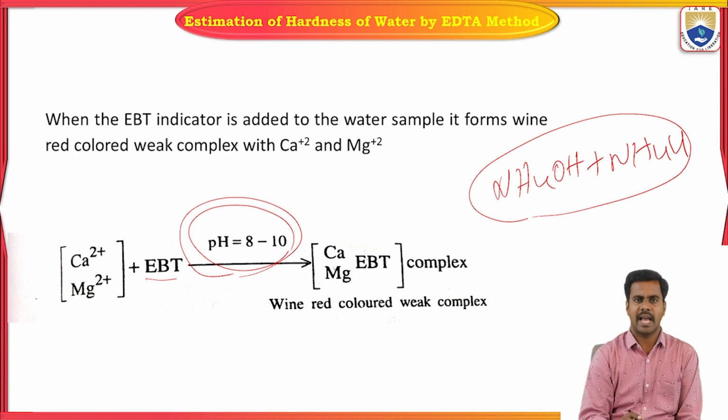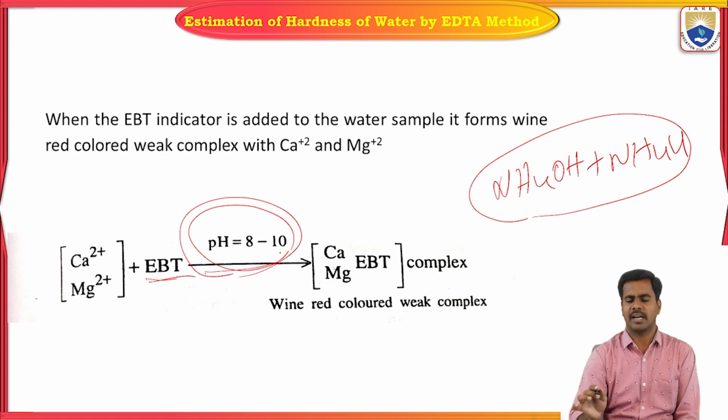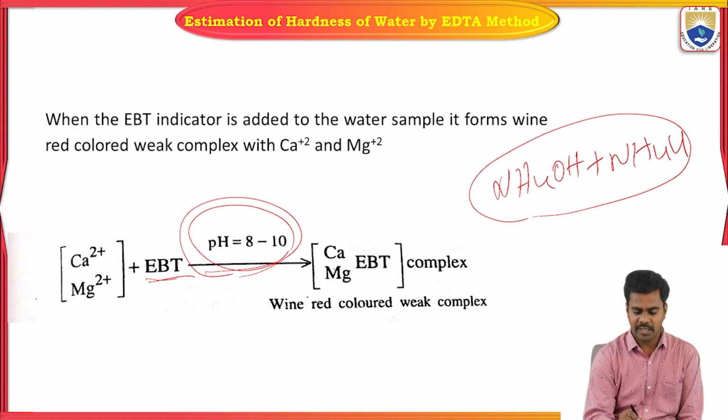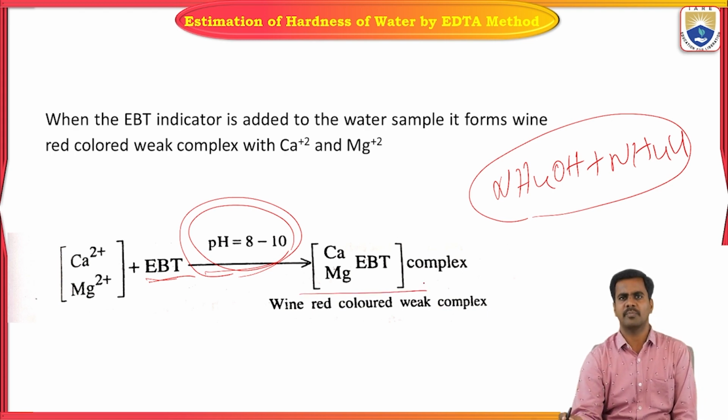When you add EBT and buffer solution to the conical flask, the contents of the flask change to wine red color. That indicates formation of the calcium magnesium EBT complex.